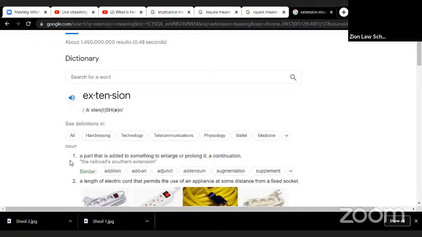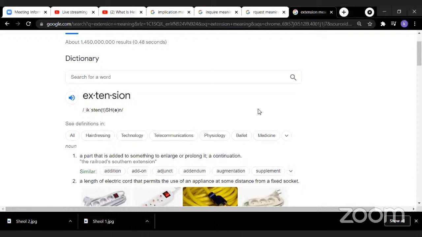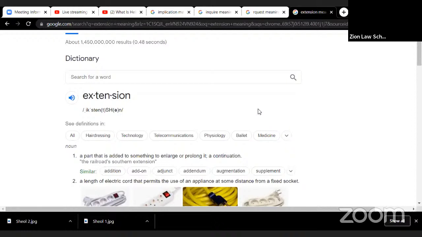So it's saying by extension to demand, and the meaning of extension is a part that is added to something. I don't agree. If you add an extension to your request, like a legal document, you add an addendum or extension to that document, does it make it a demand? But that could be an example of it. Okay.